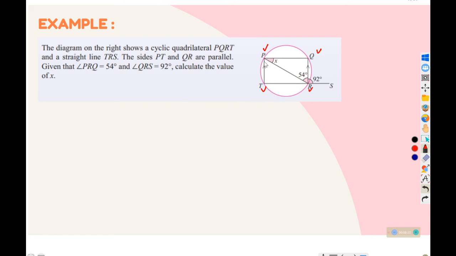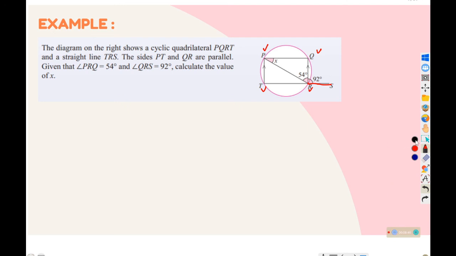The sides PT and QR are parallel. Given that PRQ is equal to 54 degrees and QRS is equal to 92 degrees, calculate the value of X.